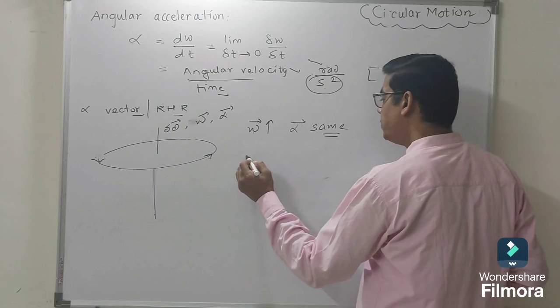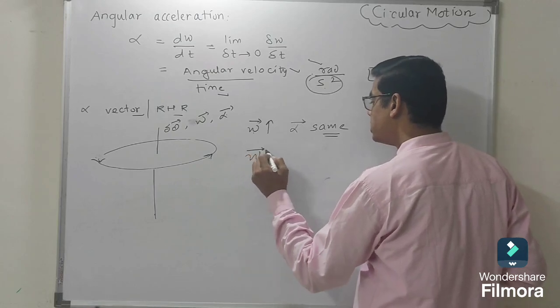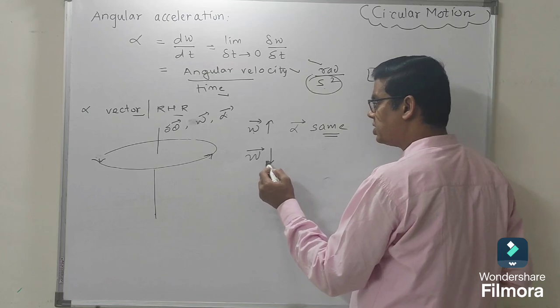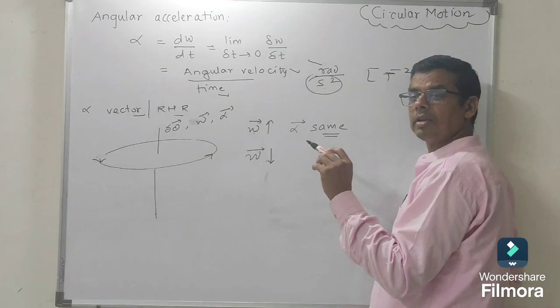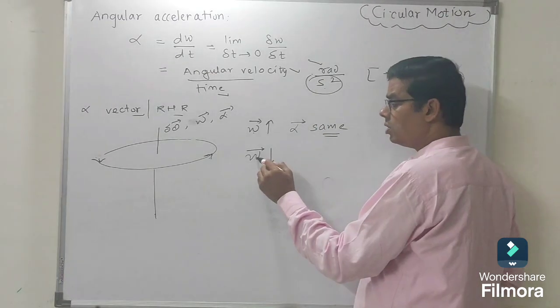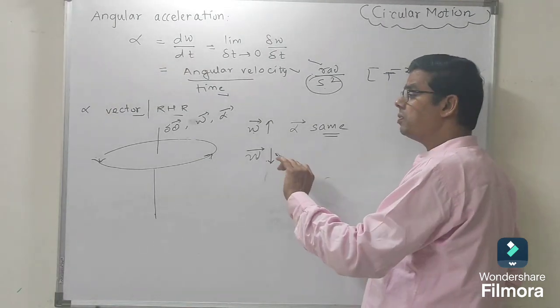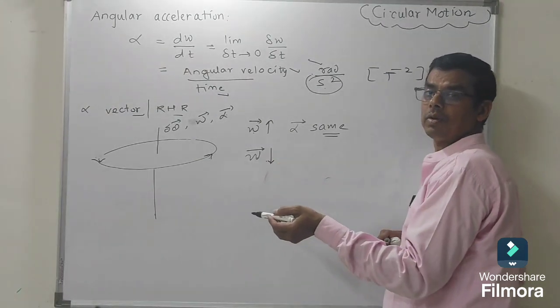But if angular velocity is decreasing, then the direction of angular acceleration will be opposite to the direction of angular velocity.